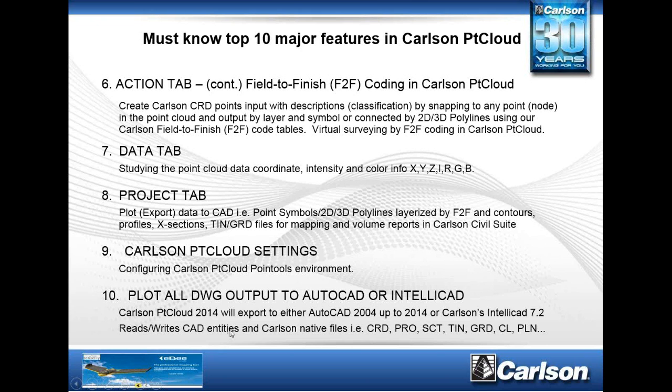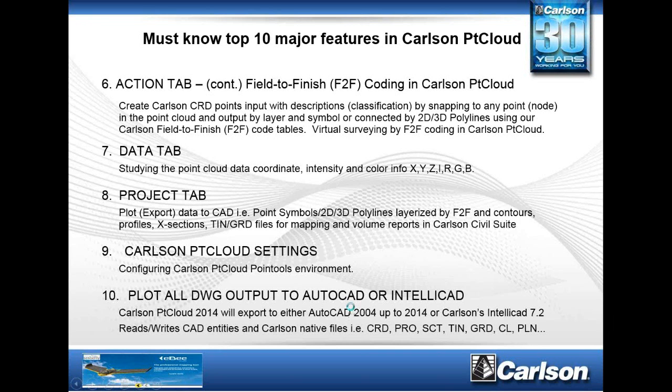And of course, as mentioned before, Point Tools reads and writes CAD entities from the cloud or from AutoCAD or from the DWG back to the cloud. And both Point Tools and Carlson Civil Suite work natively with the same file formats. SenseFly eBee Mapping Advantage.